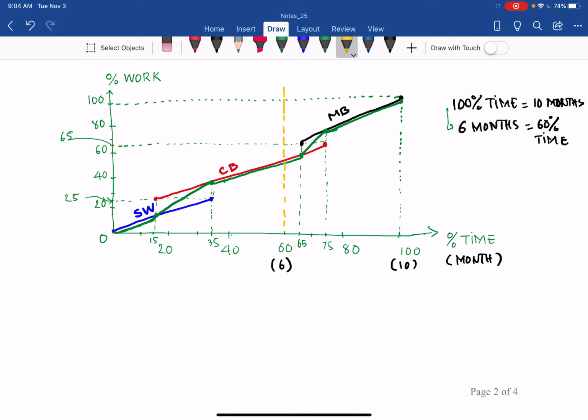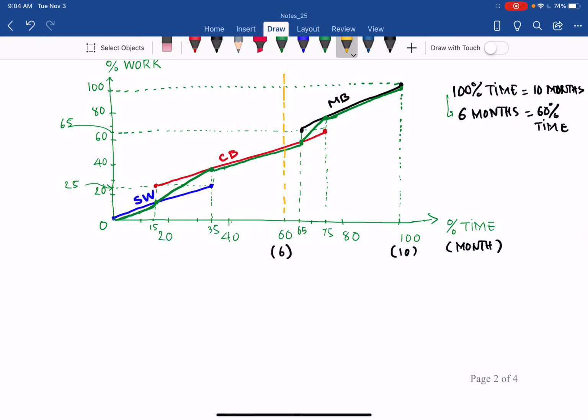So as you can see in the curve here, we have the planned percent complete, and you can see, look at the curve, because that's what we planned for.